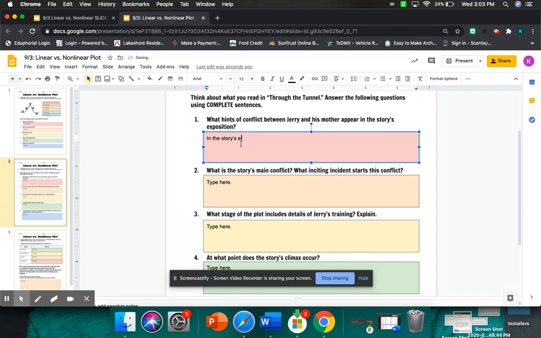In the story's exposition, the hints of conflict between Jerry and his mother are, and then tell me what they are.